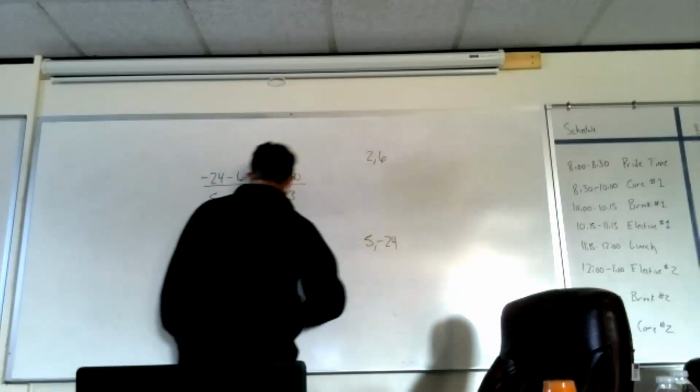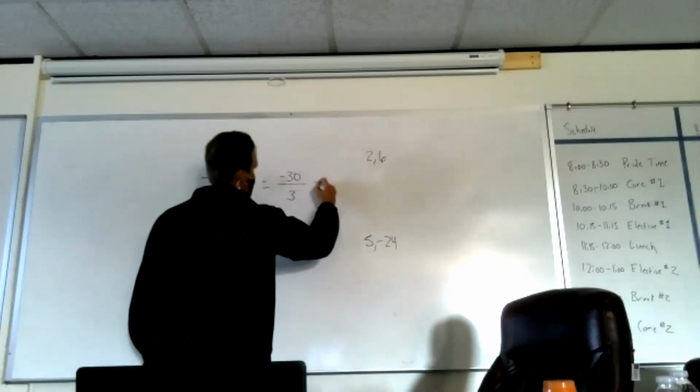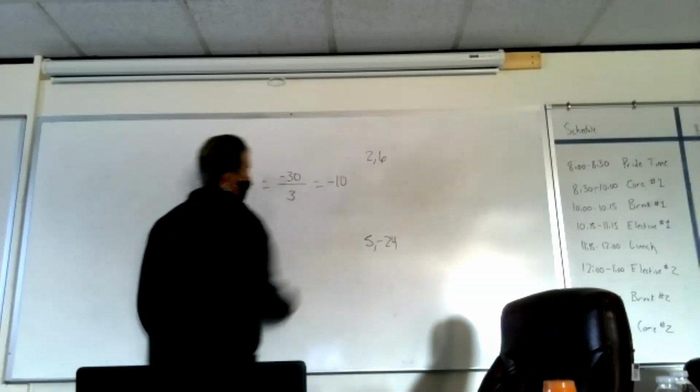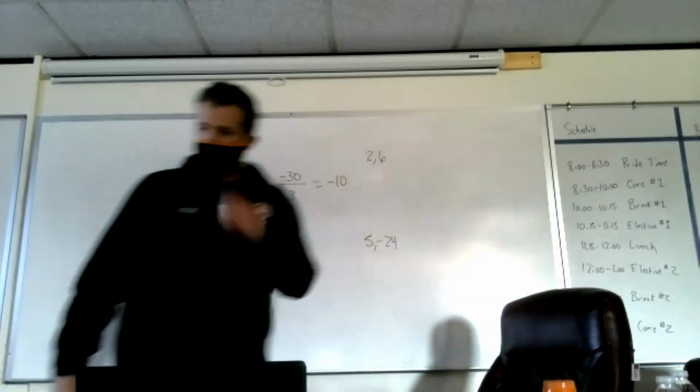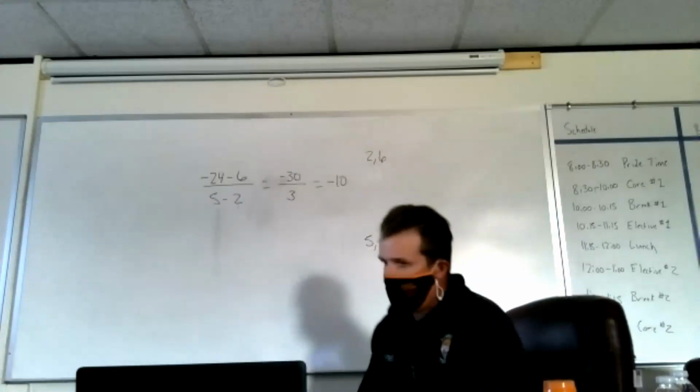And then to simplify this, it would break down into -10. Okay, simplified form. So -10 is my average rate of change on the interval from 2 to 5.